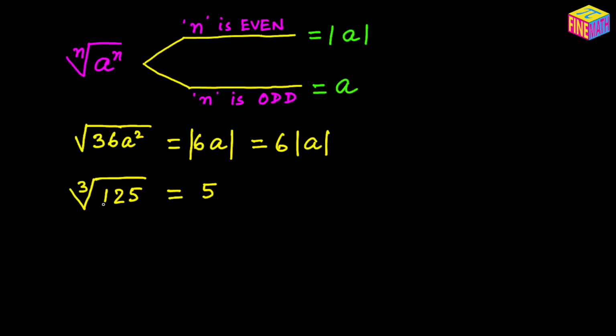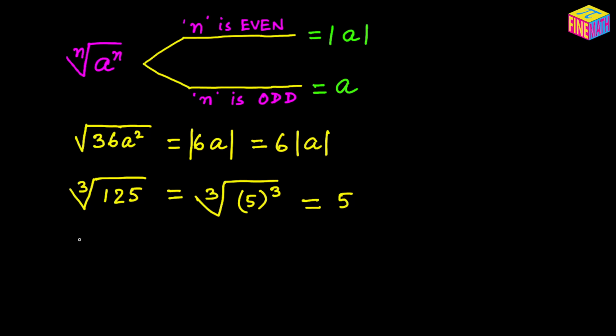Now if we are talking about 125, then negative 5 cubed can never be positive 125. It has to be positive 5 cubed, right? So we can write it as cube root of positive 5 cubed. There is no other way we can denote this, right? We cannot have a negative 5 cubed because it's a positive 125. And from here we can easily say that this is equal to 5.